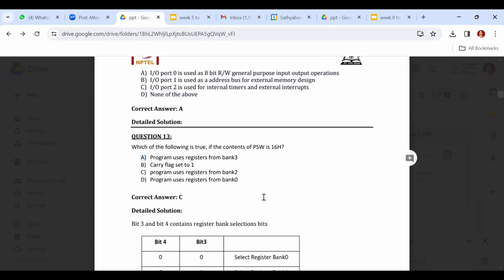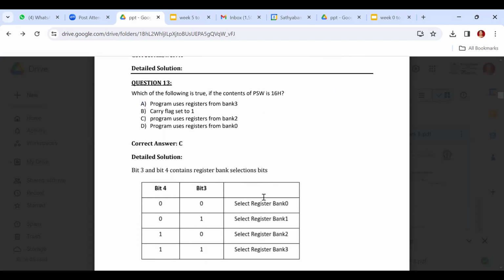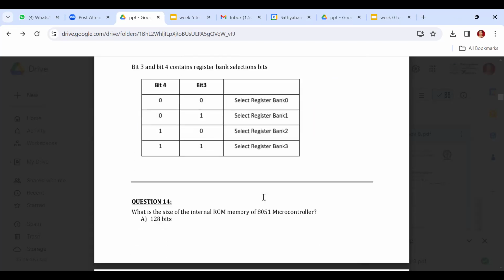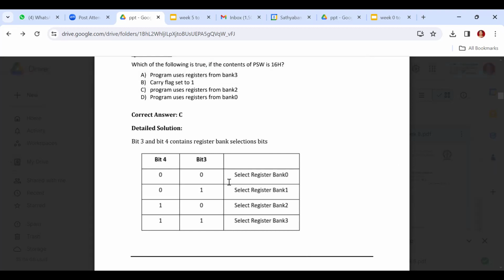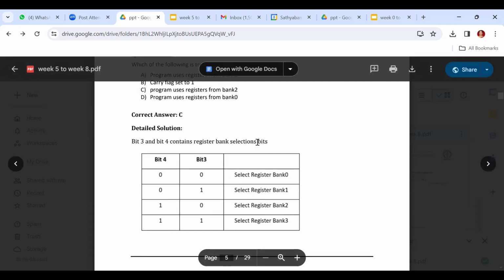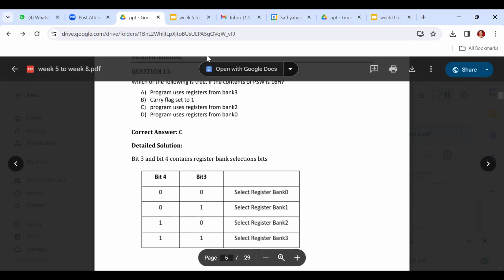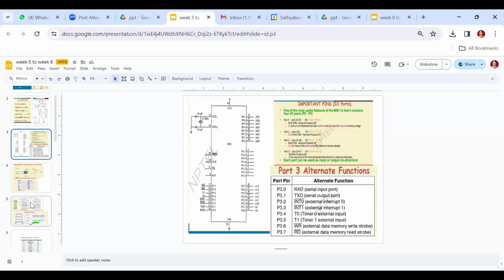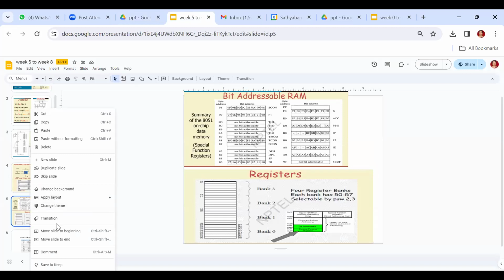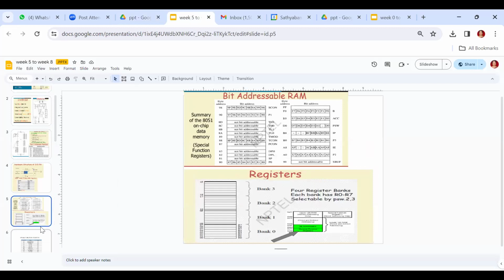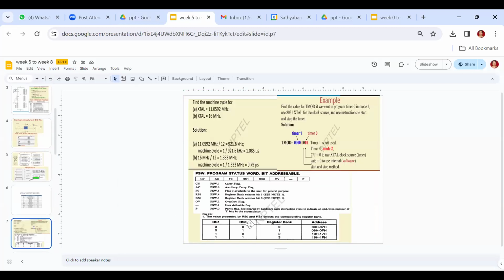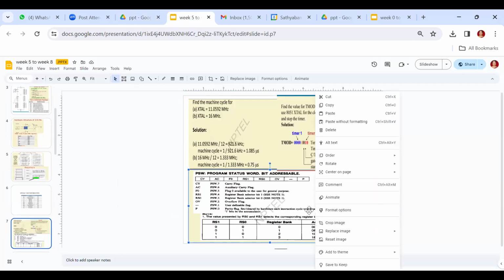Which of the following is true in the context of PSW 16? See, PSW 16, now I have to write 16. How will you write 16? This is my PSW.